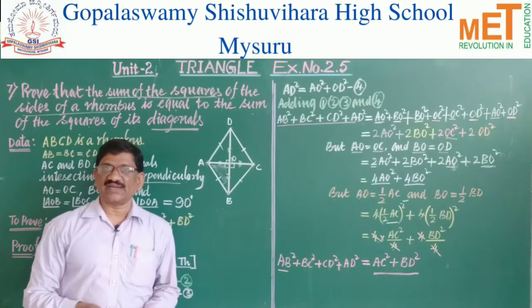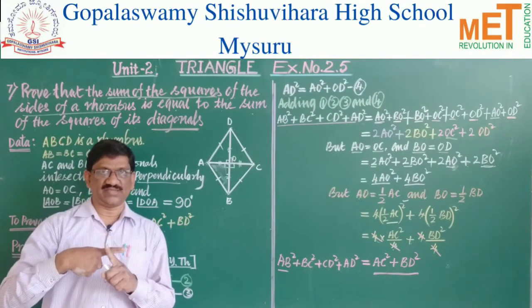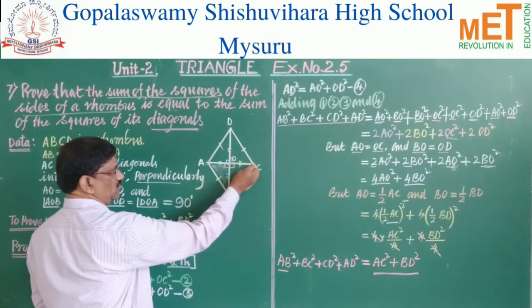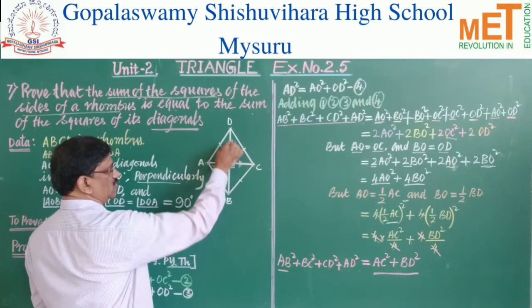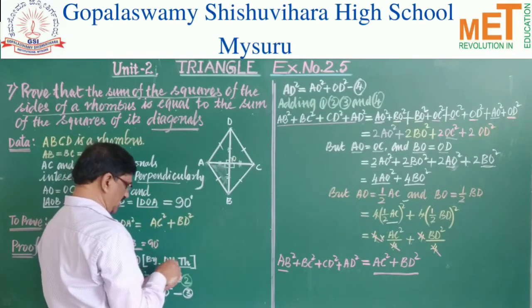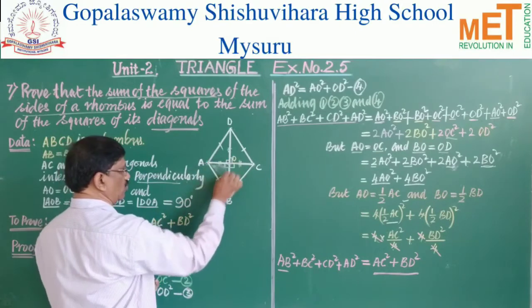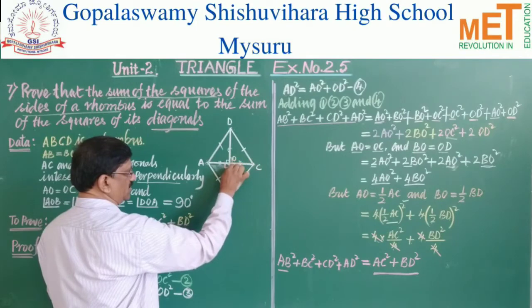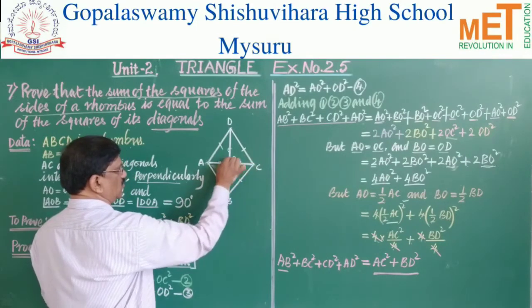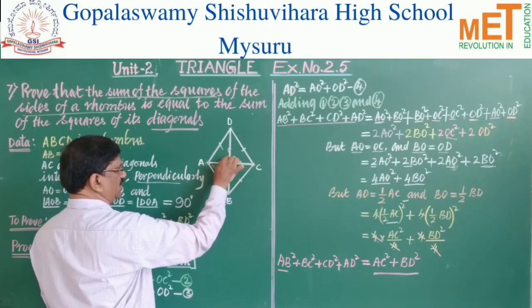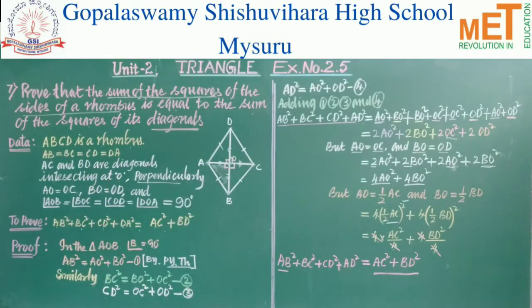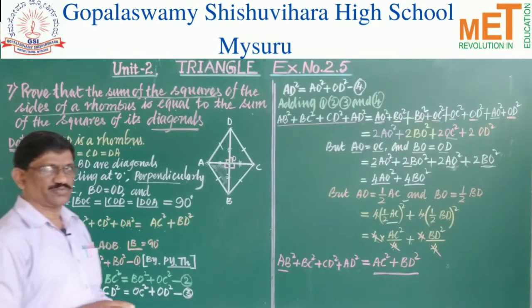They are intersecting at their midpoints. Clear, children? So that means AO is equal to OC, BO is equal to OD, and they are perpendicular to each other. So that means angle AOB is equal to 90 degree, angle BOC is also equal to 90 degree, angle COD is also equal to 90 degree, similarly AOD also. Clear, children? So you must remember all these to prove this.